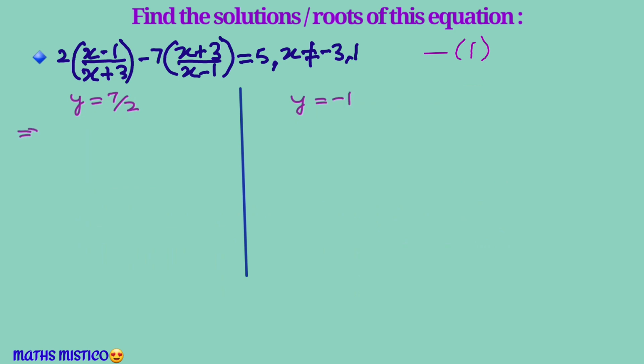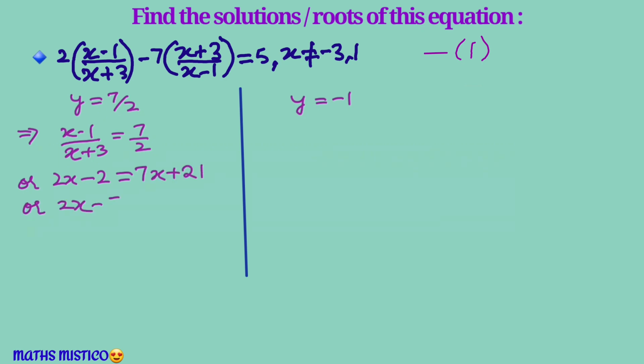Y equal to 7 upon 2 gives x minus 1 upon x plus 3 equal to 7 upon 2. Cross multiplying, 2x minus 2 is equal to 7x plus 21, or 2x minus 7x is equal to 21 plus 2, which gives us x equal to minus 23 upon 5.